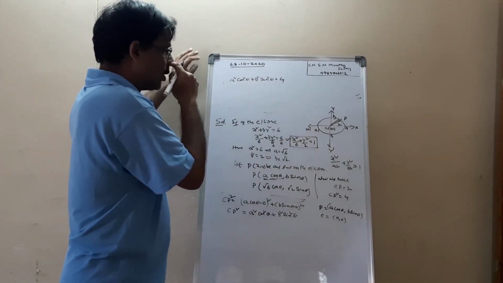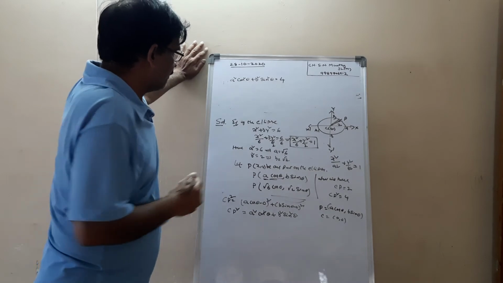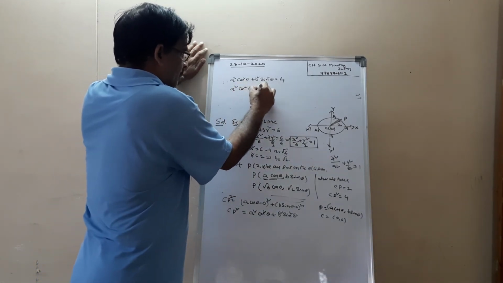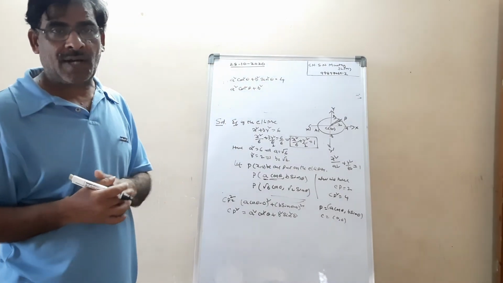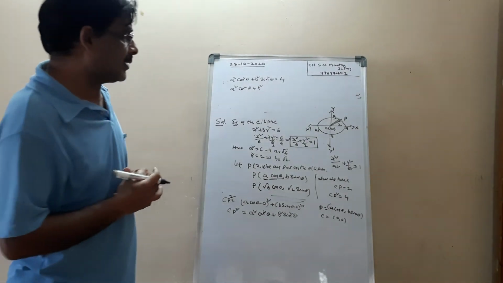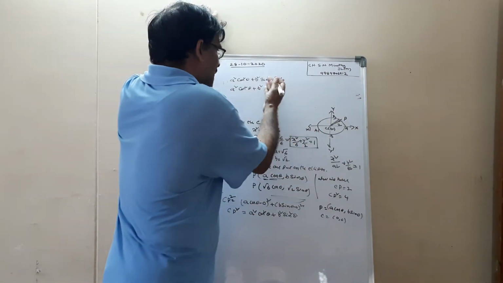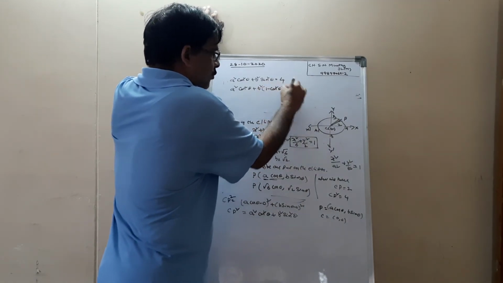Now we have to find the value of the eccentric angle. Can you write sin square theta in terms of cos square theta? You can write easily. Sin square theta plus cos square theta equals 1, so sin square theta equals 1 minus cos square theta.